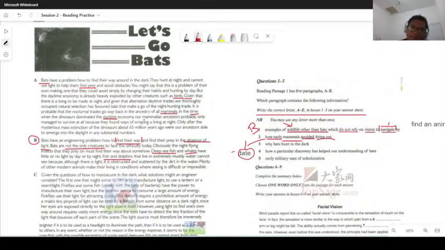Our mammalian, another mammalian. Okay, mammals, mammalian, they are the same word. Basically, they're different formats, different shape, but they're the same word. Mammalian ancestors probably only managed to survive at all because they found ways of scraping a living at night. So managed to survive. Now this is a demonstration of how the paraphrasing can be very significantly different.